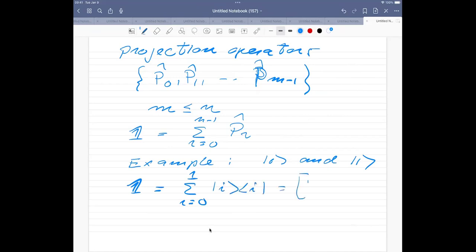This is equal to (1, 0, 0, 0) plus (0, 0, 0, 1), which is then equal to (1, 0, 0, 1). So that's a pretty simple example of a set of operators which we are going to use again and again.